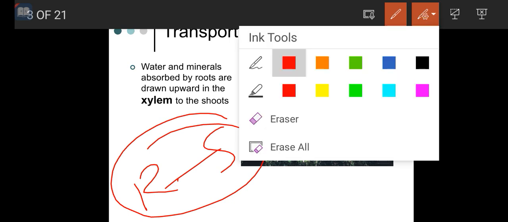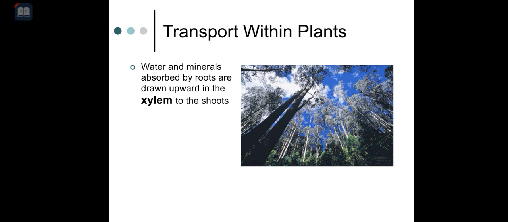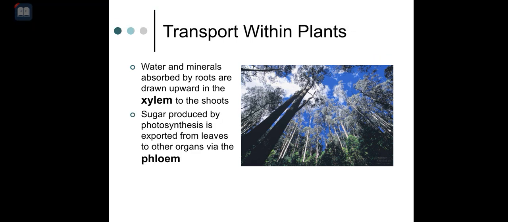There is an inability to transfer. What happens there? Sugar produced by photosynthesis is transferred from the leaves to other organs via the phloem. So the xylem and phloem also help to transfer.